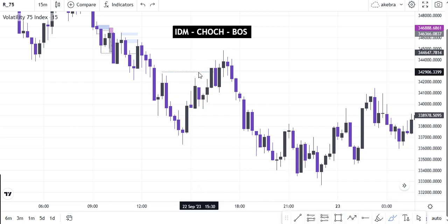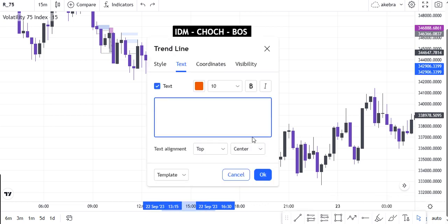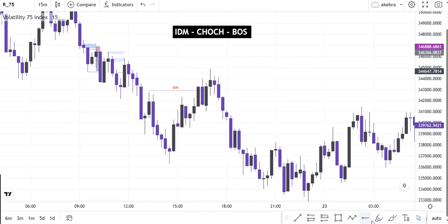Let me label that for you so you can see. It's a pullback. You see, it's your inducement. We can label it as IDM for short, inducement. After the inducement, this becomes a valid low.